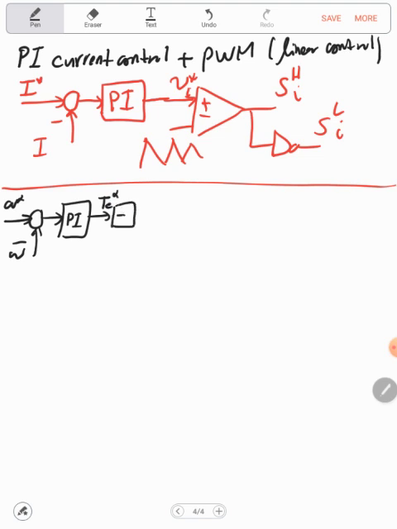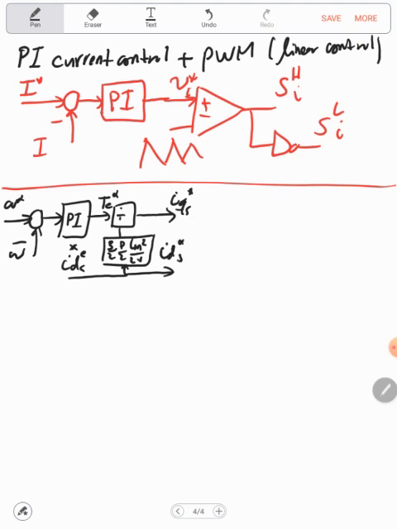If we divide it over the constant, which was 3 over 2, P over 2, Lm square over Lr, and here we have the IDSE star. Now we are getting the reference current in the QD reference frame, which is the IQS star and the IDS star.